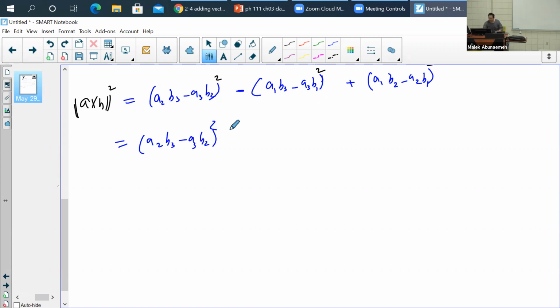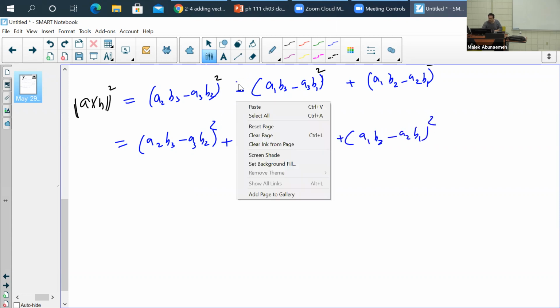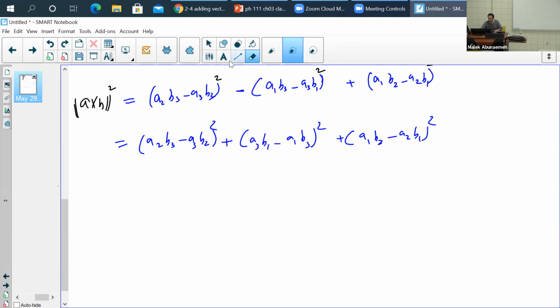Let's open this up. So this is going to be minus plus, we just reverse the order, A3 B1 minus A1 B3 squared plus A1 B2 minus A2 B1 squared. That way we get rid of the negative sign over there. So this would make it a lot easier to open up.